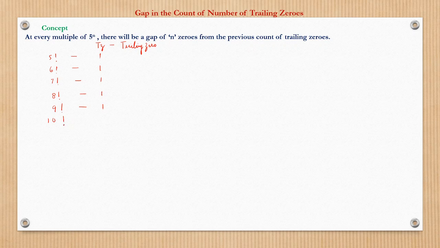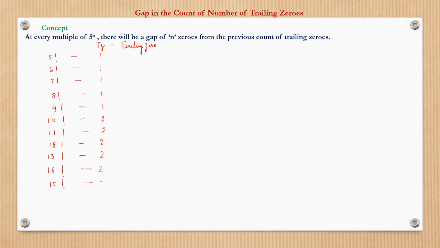Now 10 factorial. If I have to find the index of 5 in 10 factorial, that is nothing but 10 by 5, 2. Similarly, 11 factorial also will have 2, 12 factorial also 2, 13 factorial also the number of 5s should be 2, 14 factorial also 2. Now 15 factorial: what will be the number of trailing zeros?